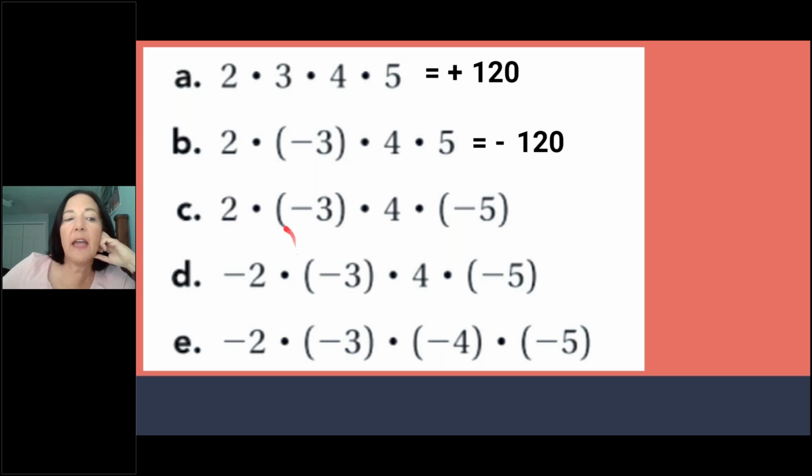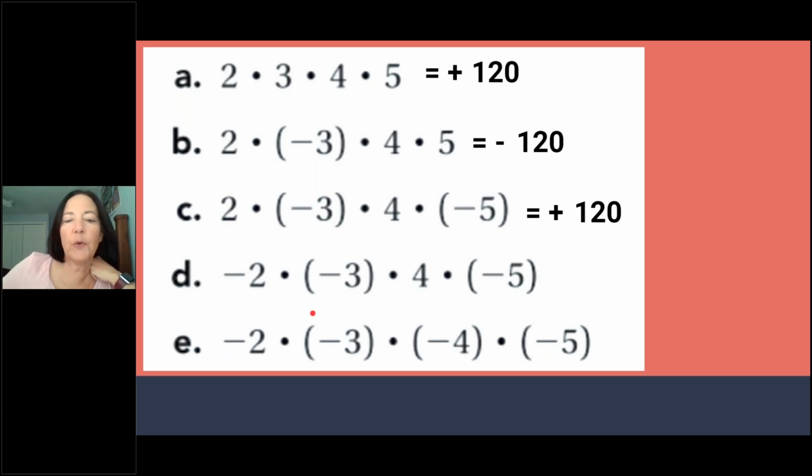Oh, let me read it again. It was a positive 2 times a negative 3 times positive 4 times a negative 5. Oh, okay. So it's even, so it will be positive. Nice. And what's the answer going to be? Positive 120. That's nice. Excellent.